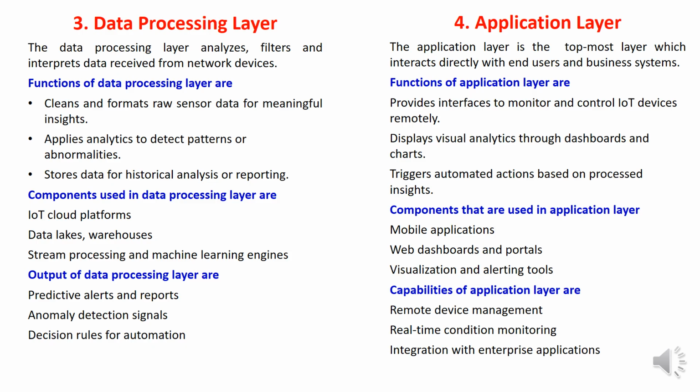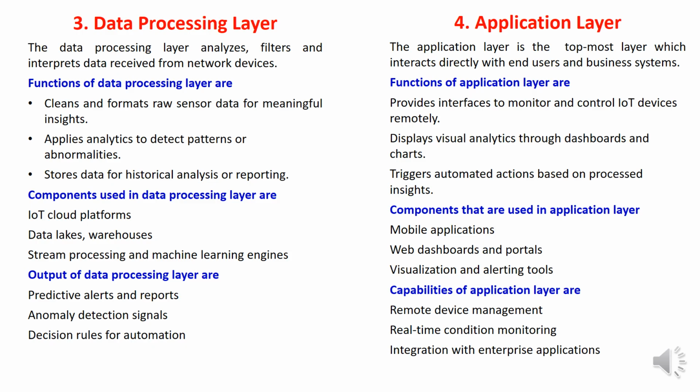Components used in data processing layer are IoT cloud platforms, data lakes, warehouses, stream processing, and machine learning engines. Output of data processing layer are predictive alerts and reports, anomaly detection signals, decision rules for automation. Next is application layer.